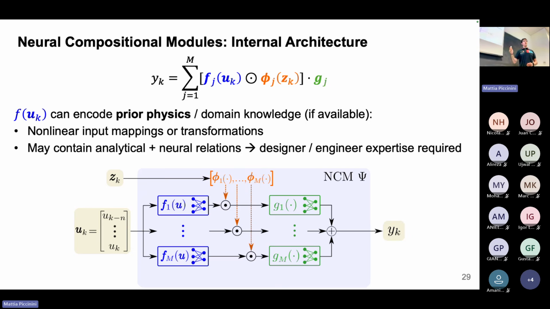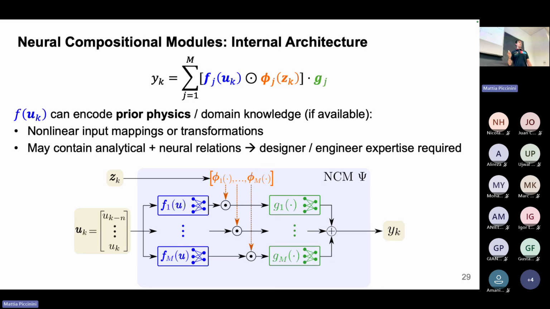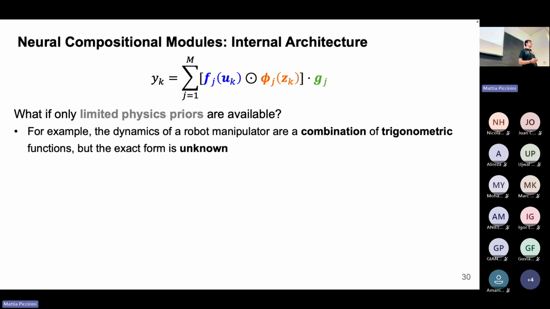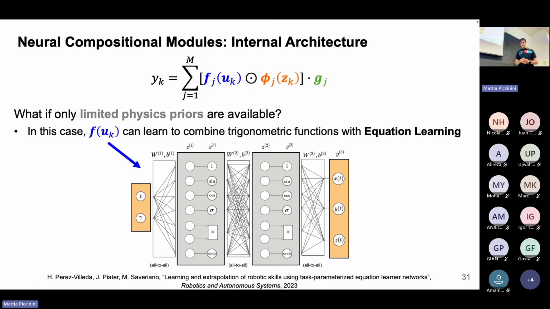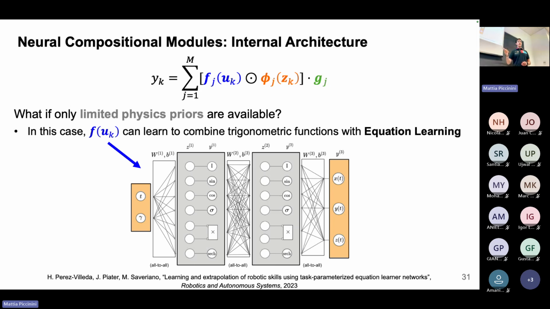So here we can use our expertise in the design of these blocks. In some cases we know we have physics priors. In some other cases, maybe we don't know, or we know partly. So we can have limited physics priors. Like in the case of a manipulator, again like before, the dynamics can be a combination of trigonometric functions, but can be complex. So in this case, one possibility, related to topology learning, is to combine trigonometric functions with equation learning.